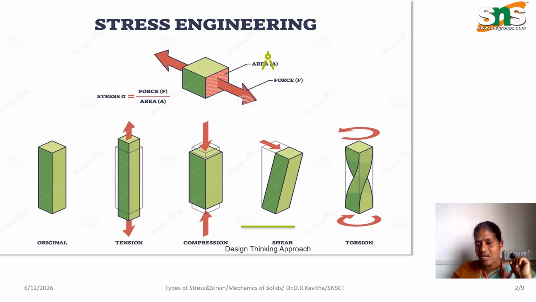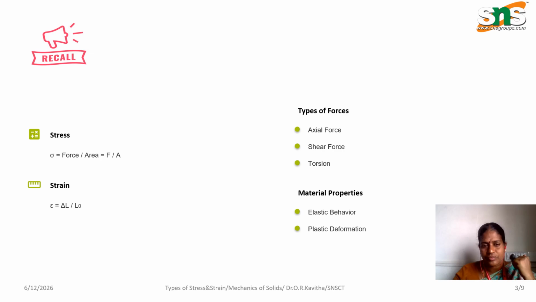And whenever anything is subjected to torque, if we are applying the equal and opposite torque, that is a twisting load. So this behavior will be different. Before getting into this, you should understand what stress and strain are. Stress is nothing but force by area, and strain is nothing but the change in dimension to the original dimension.